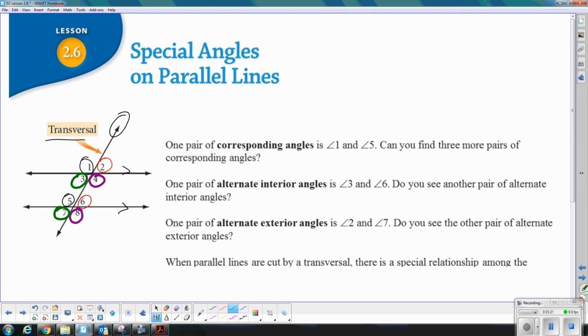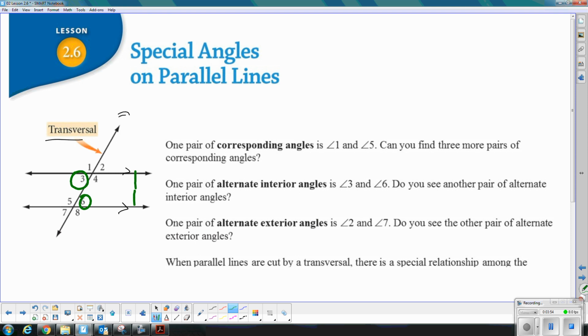Alternate interior angles. One pair of alternate interior angles is angle 3 and angle 6. They are both interior angles, they're on opposite sides of the transversal, but within, in between the parallel lines.